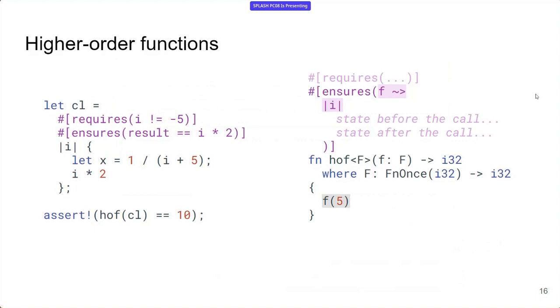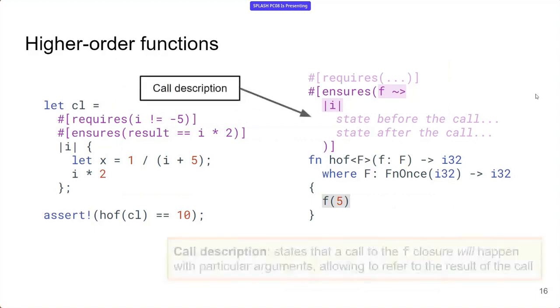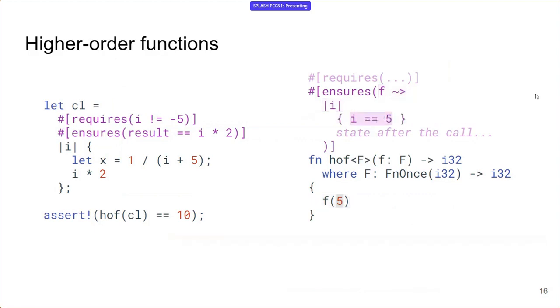So more concretely here, this higher order function says that the function f will be called with 5 being the argument and with the result of the closure being the same as the result of the higher order function. So here, in the post state, we can access the result returned by the closure, and we use outer to disambiguate between the result of the higher order function and f. And with that, we can actually prove this assertion statically again.